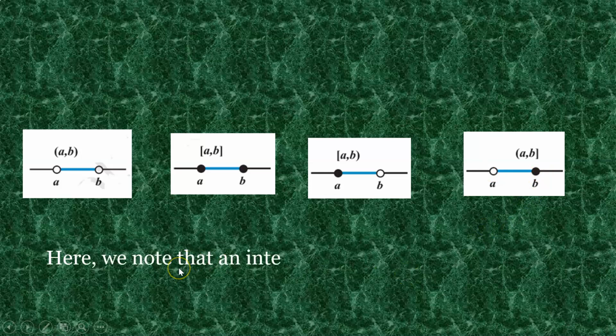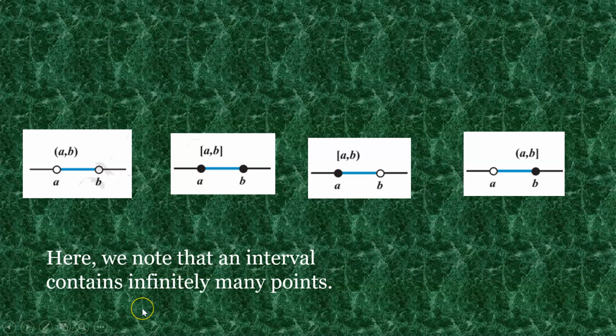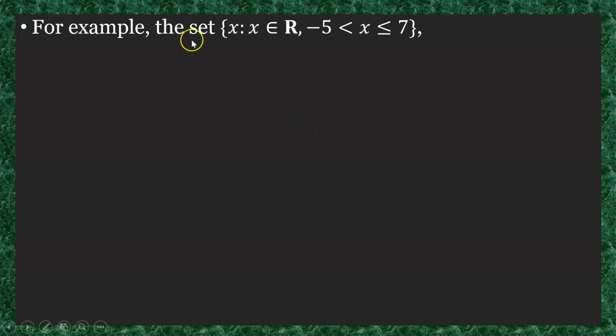Here we note that an interval contains infinitely many points. For example, the set of X such that X belongs to the real numbers and X lies between -5 and 7, and equal to 7 also.